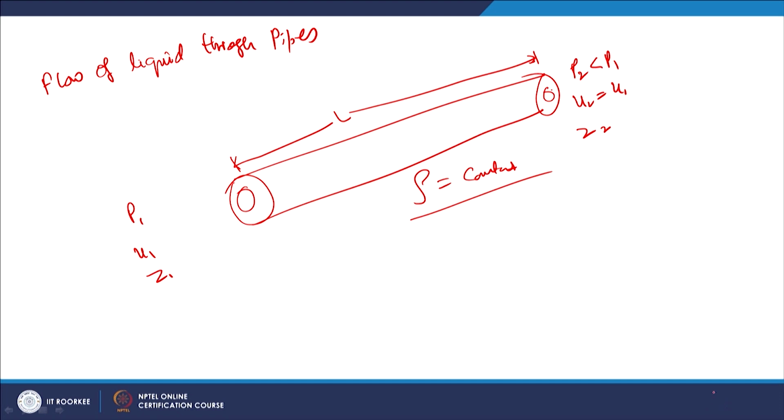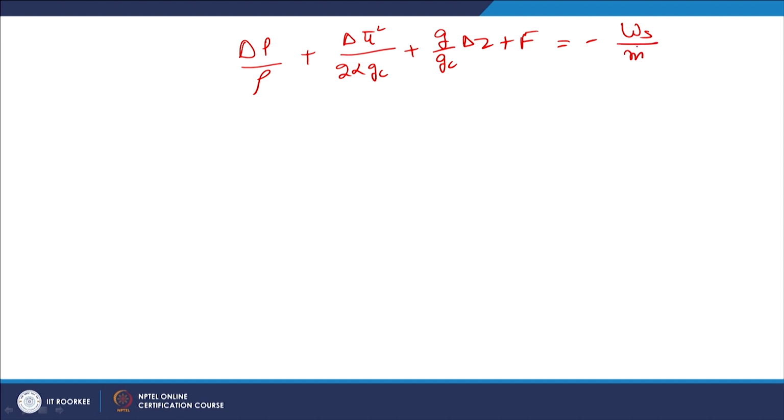So, for an incompressible fluid, the mechanical energy equation can be written as delta P upon rho plus delta U bar square upon 2 alpha Gc plus G upon Gc delta Z plus F, per unit mass flow rate.